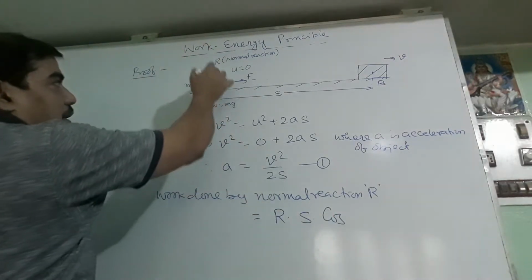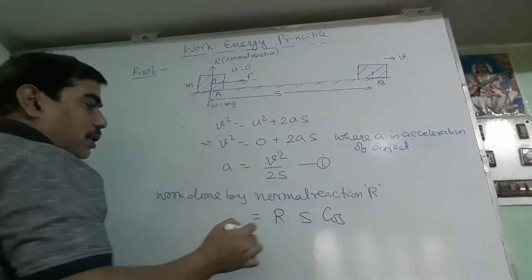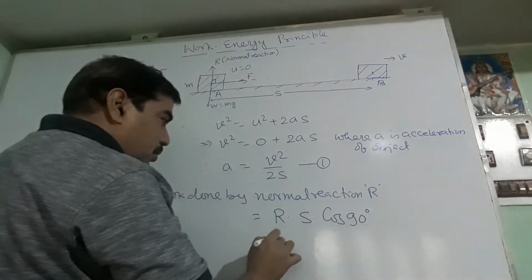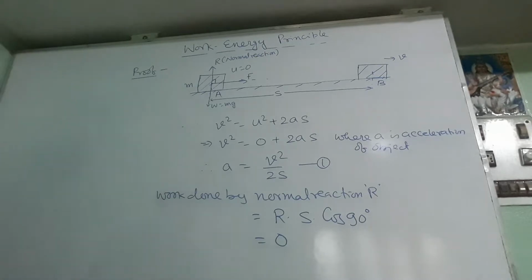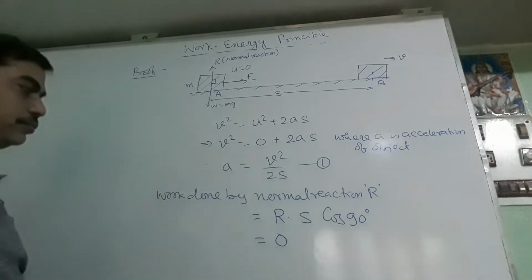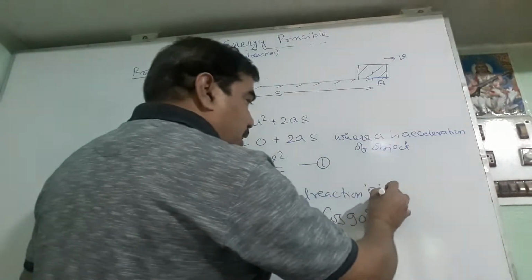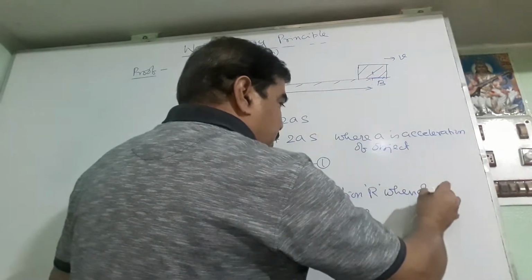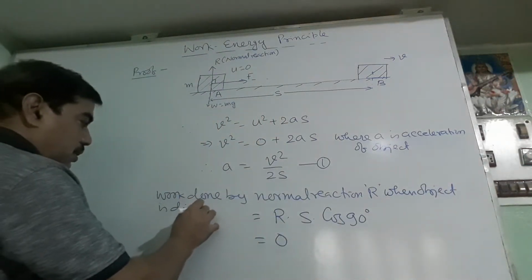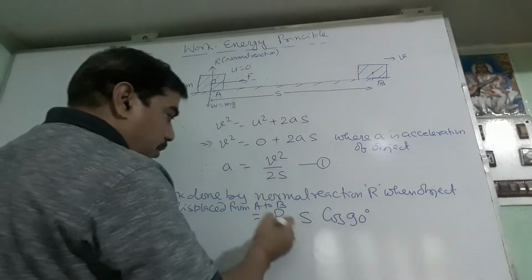The normal reaction is in this direction, displacement is in this direction. So the angle between R and s is 90 degrees. So it is cos 90, and this will be 0. This work done we are calculating when the object is displaced from A to B. So the work done by normal reaction when the object is displaced from A to B is 0.